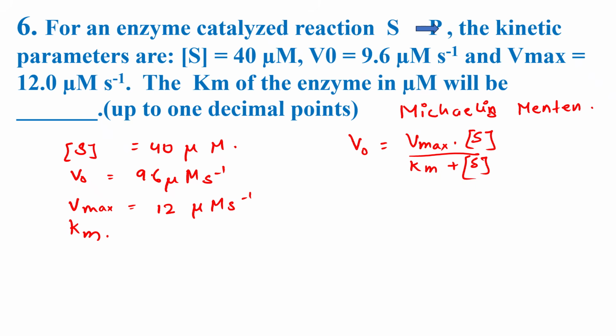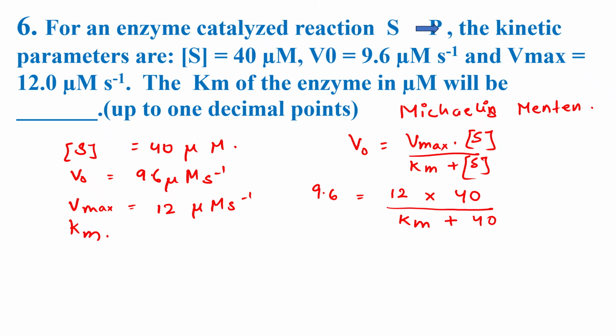9.6 is equal to 12 into 40 divided by Km, this we have to calculate, plus 40.